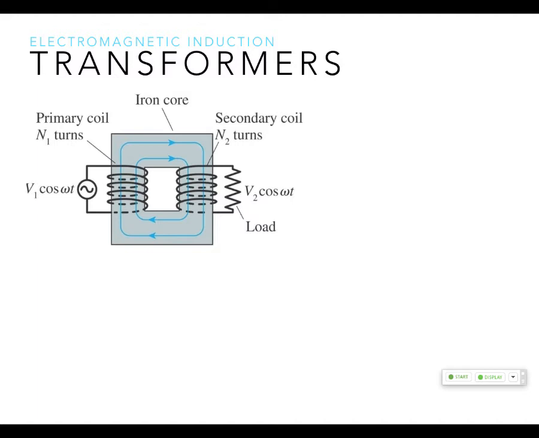Okay. So this doesn't totally work if you don't have something that can make sure the magnetic field lines going through here all go through here. Okay. So the iron core ensures that whatever B is here is also B over here. Okay. But the thing that's the same on both sides is the flux. Okay. So flux 1 is equal to flux 2.